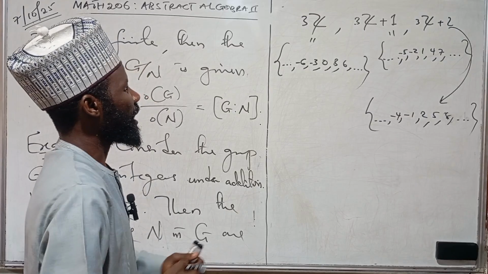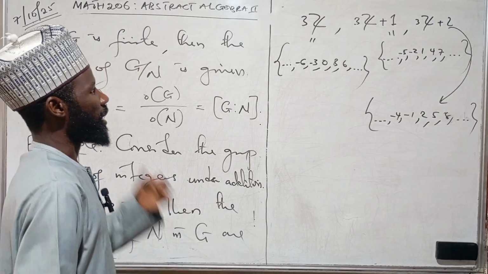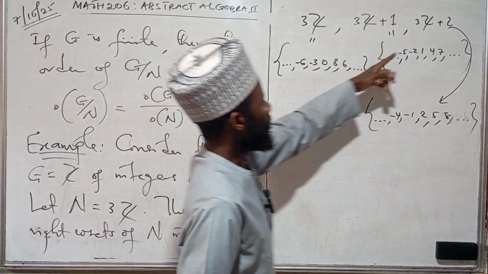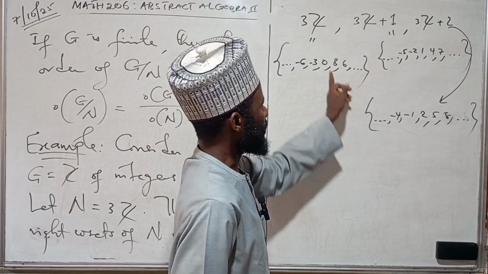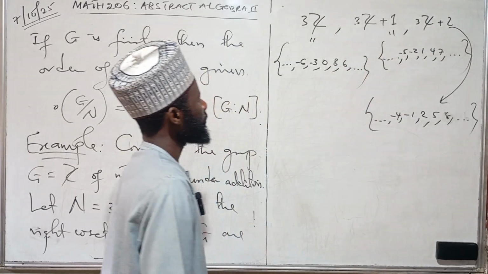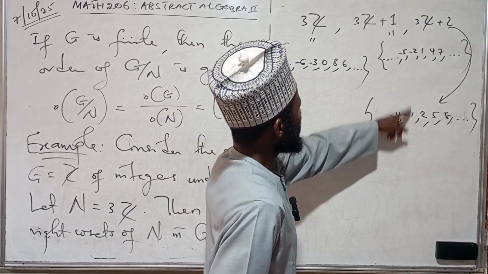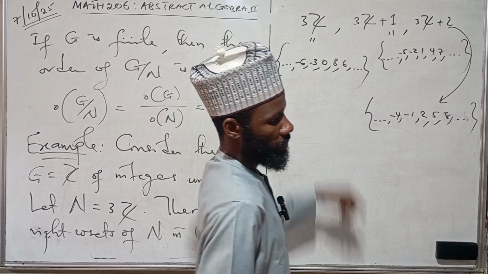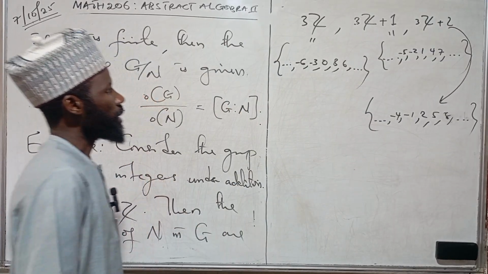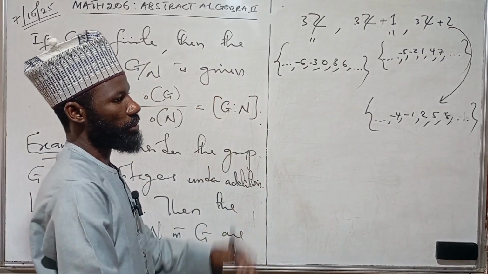But then so far you will see that all the elements of the group are exhausted. Because you have 0, 1, 2, 3, 4, 5, 6, 7, 8, and so on. Okay? Minus 1, minus 2, minus 3, minus 4, minus 5, and so on. So you see that the union will give you the entirety of the group.